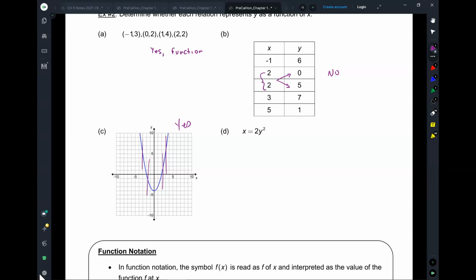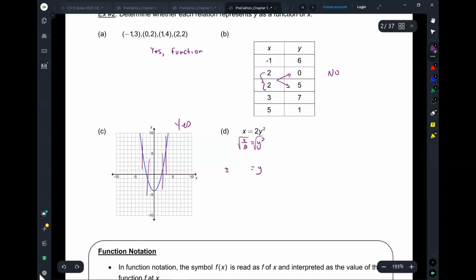So the condition is for every x value, you can only have one y value, right? Okay, so here you have an x value. What happens if you solve this for y? Well, you get x over 2 is y squared. Take a square root.